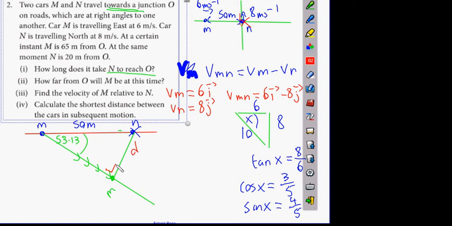So 50 is the hypotenuse, and d is the opposite. Sine 53.13 equals d over 50. Bring up the 50. Can anybody tell me what 50 sine 53.13 is?